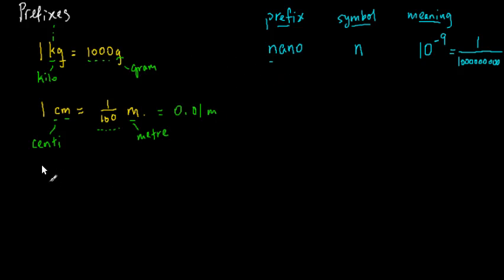Now how might I use this prefix nano? For example, if I say 1 nanometer, to see what this means, we analyze this like I did for cm or kg. The m here, I see that there are 2 letters.